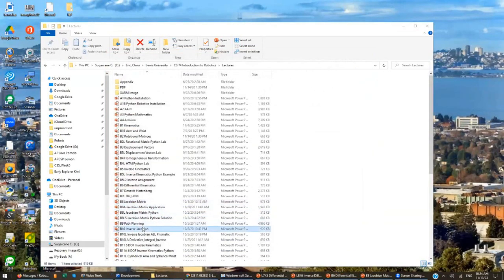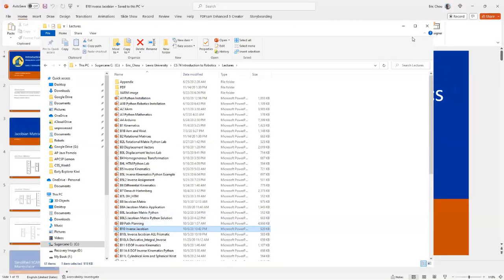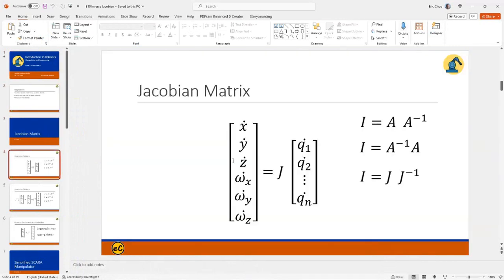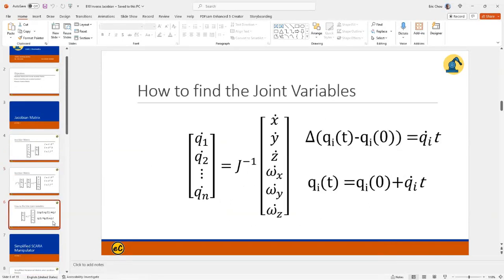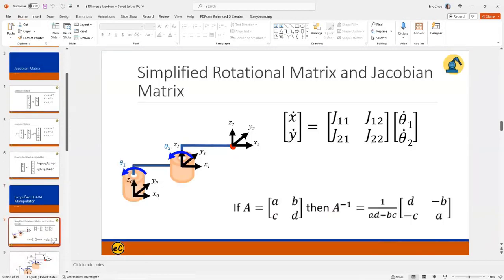And then there's an inverse Jacobian. The inverse Jacobian is based on the Jacobian matrix. You calculate the inverse Jacobian based on the equation you have for the Jacobian.